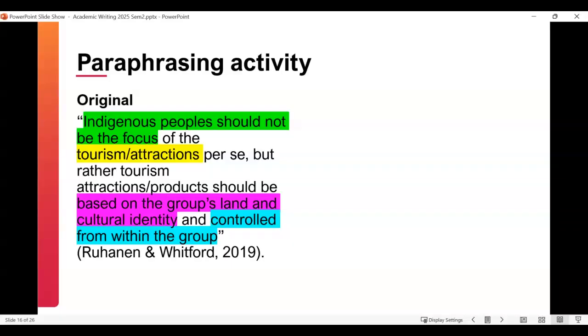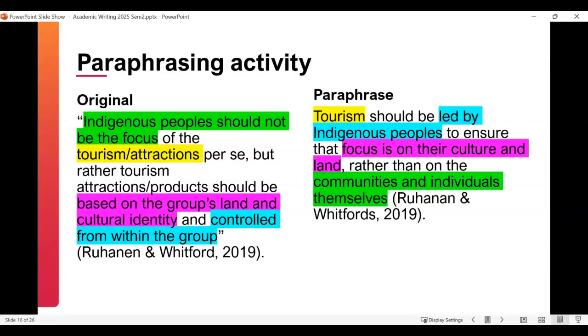So it's about the Indigenous peoples. They should not be the focus of those tourism attractions, but those tourism attractions should be based on that group's land and cultural identity, and the group should be able to control those tourism attractions. If I then take that into a paraphrase, you can see how the different bits are in there, colored.